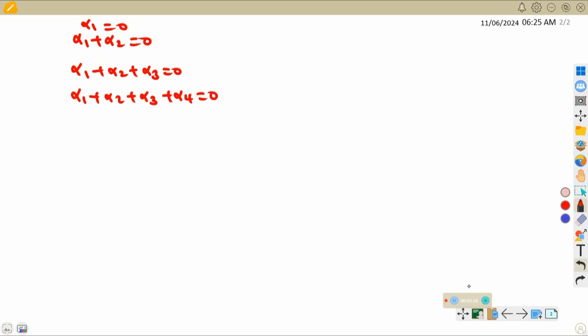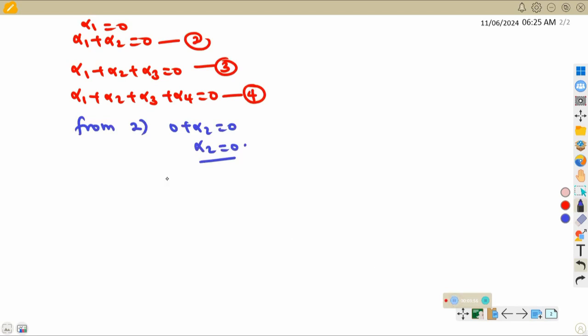So what do we get there? From equation 2, we can substitute for alpha 1, so it will be 0 plus alpha 2 is equal to 0, so it will give us alpha 2 as 0. Similarly, from 3, we have clearly already seen that alpha 1 plus alpha 2 is equal to 0, meaning that where there is alpha 1 plus alpha 2, we can put 0 plus alpha 3.